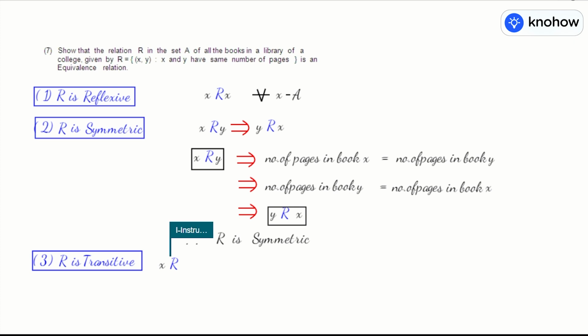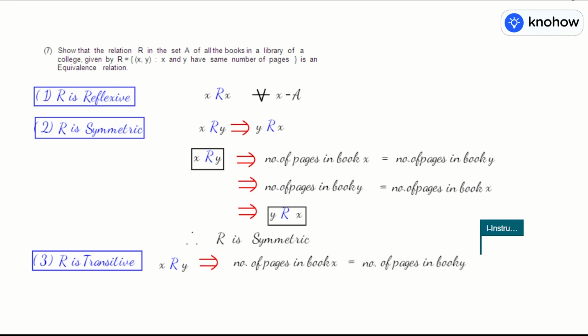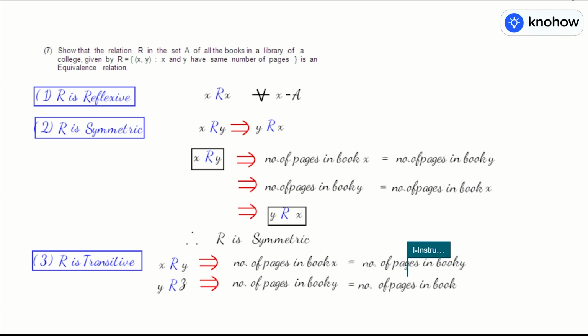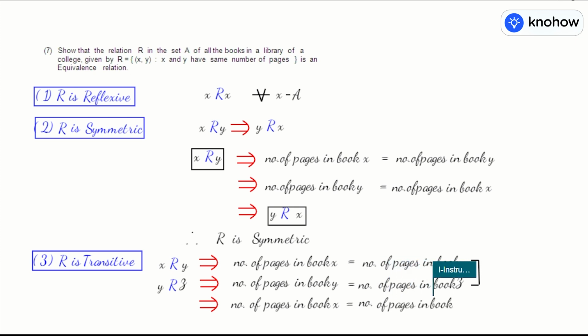Let X be related to Y, meaning the number of pages in book X is equal to the number of pages in Y. And Y is related to Z, that means the number of pages in Y is the same as the number of pages in Z. Now what do the first two relations imply? The number of pages of X is equal to Y and the number of pages of Y is equal to Z. So can we conclude that the number of pages in book X is the same as the number of pages in book Z? So that means X is related to Z.